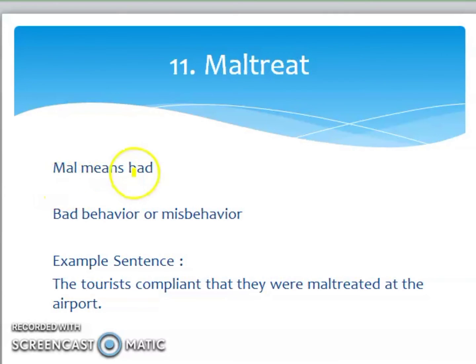Mal means bad, and treatment is the way of doing something. So bad behavior or misbehavior is maltreatment. Example: the tourists complained that they were maltreated at the airport. They complained about the maltreatment, meaning bad treatment.